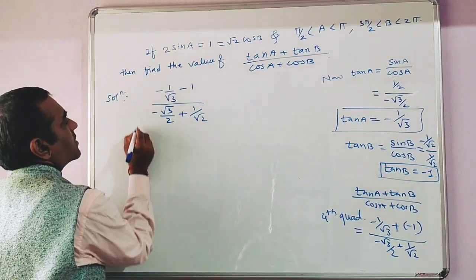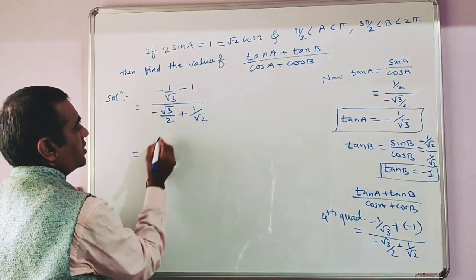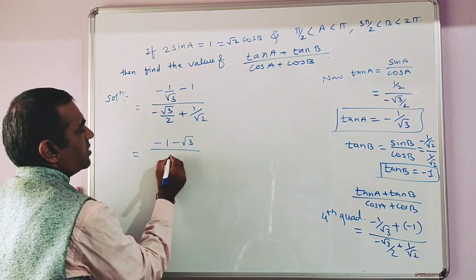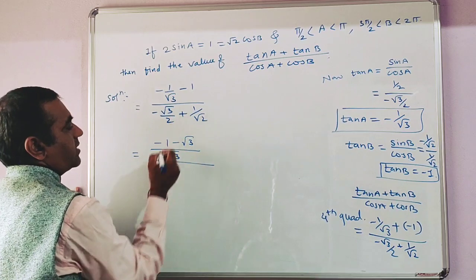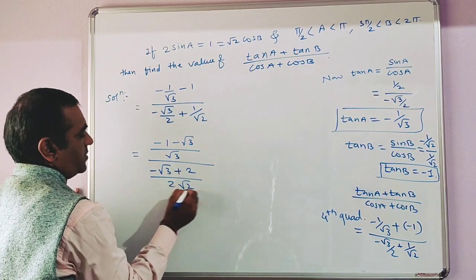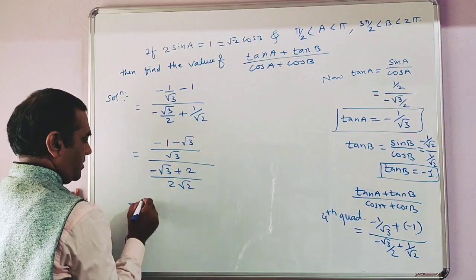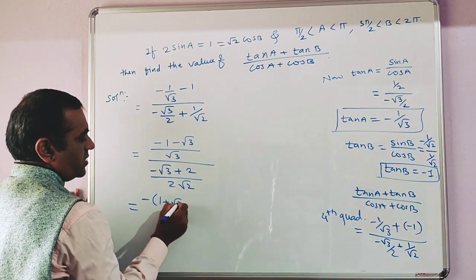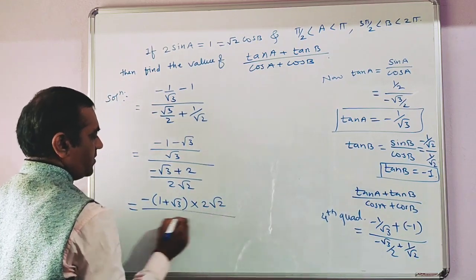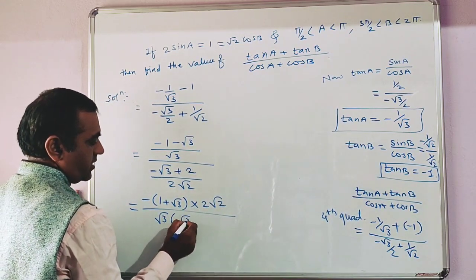Now, cross multiplication gives minus 1 minus root 3 upon root 3, whole divided by minus root 3 plus 2 upon 2 root 2. Again minus, take out common here, root 3 into 2 root 2 divided by root 3 in bracket root 3 plus 2.